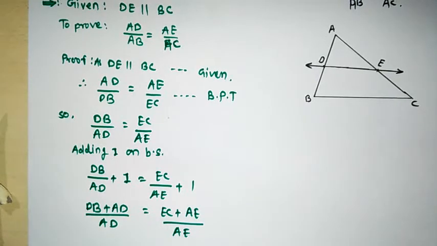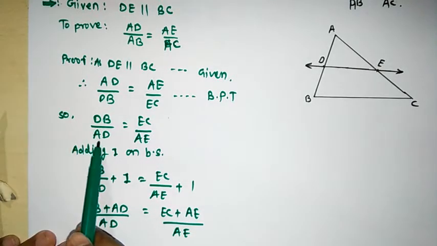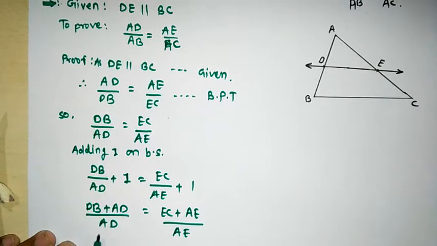Now, why did I take the reciprocal here? See here, after taking the reciprocal, what came in the denominator? AD. This AD remained in the denominator in the end.